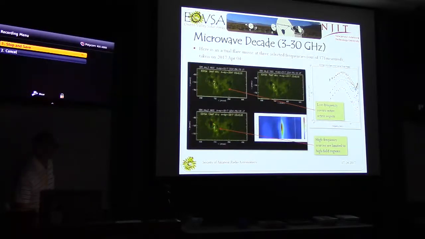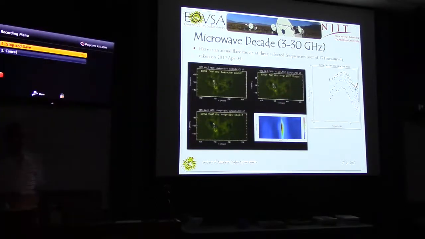And in intermediate frequencies, if I play it one more time, you can see that there is a source that appears over by this other sunspot. So these electrons are not confined to small loops around where the chromospheric emission indicates, but actually are finding their way all throughout this region.